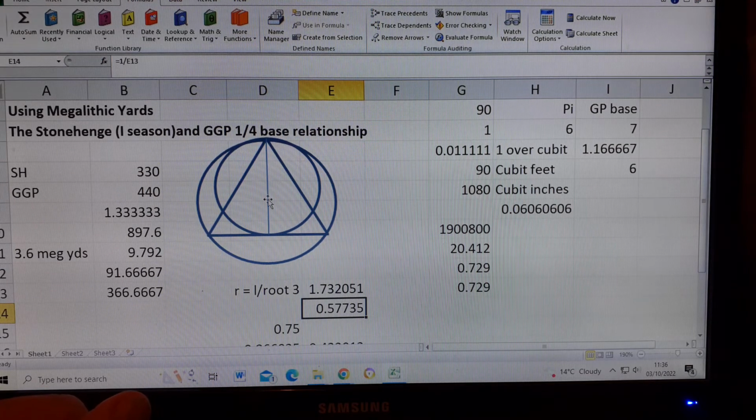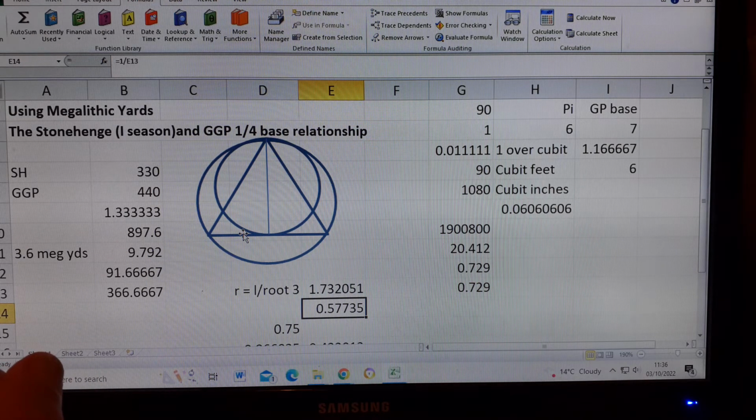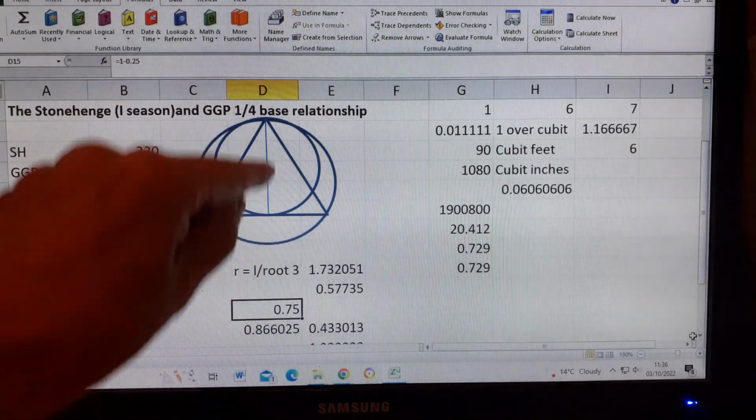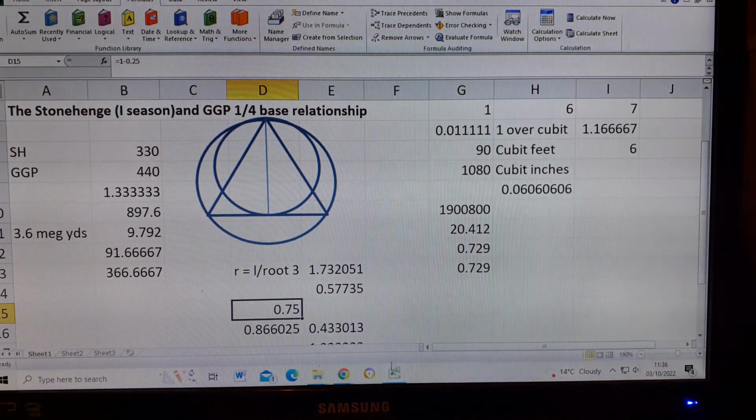Now this one, this radius here, we can use this Pythagorean triangle. We know that's 1, we know that's a half, so that is the square root of 1 squared, subtract a half squared from it, which a half squared is a quarter, so it's 0.75 that we get. So we want the square root of 0.75, and then we want half of that because that's giving us the full amount, and we want the radius.